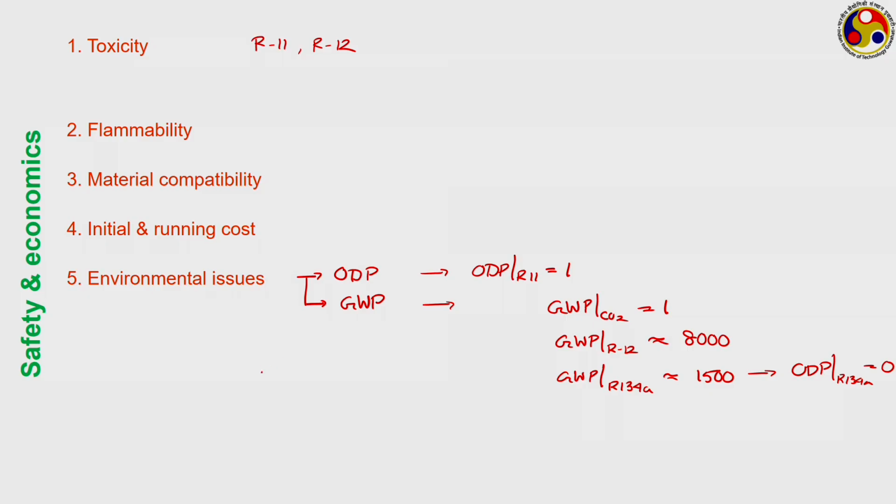The idea of ozone depletion is that in presence of UV rays, the ozone can get converted to oxygen, and this particular reaction gets quickened up by the presence of chlorine.